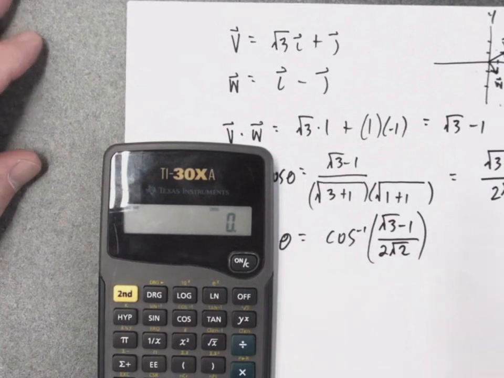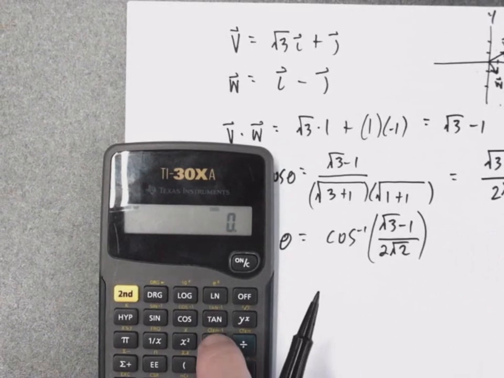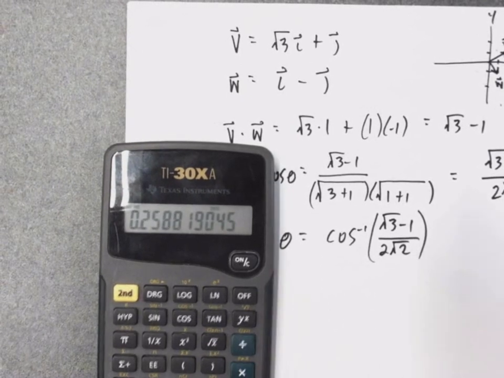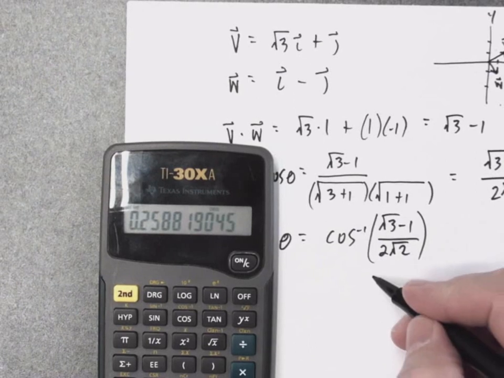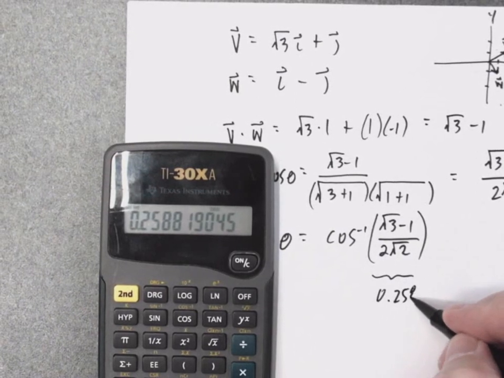Now this is sort of messy. On my calculator, here's how I'm going to do it. I'm going to take square root of 3 minus 1. I'm going to divide it by 2 and also divide it by square root of 2. So it looks like this number here is like 0.2588.